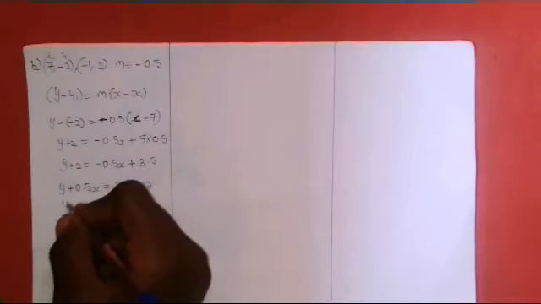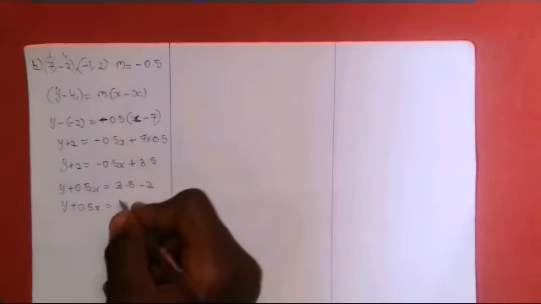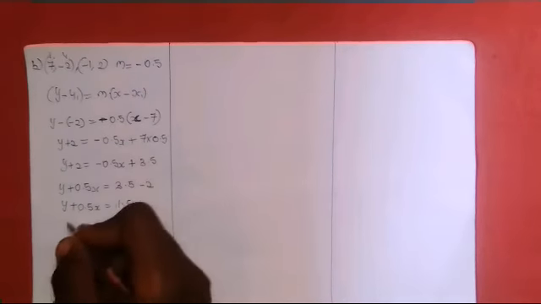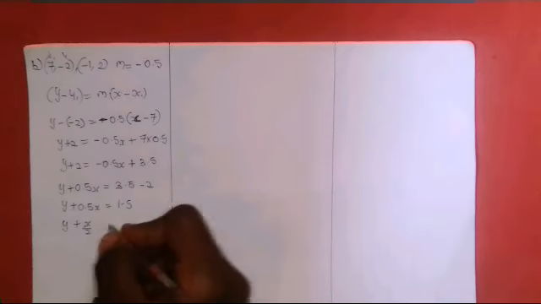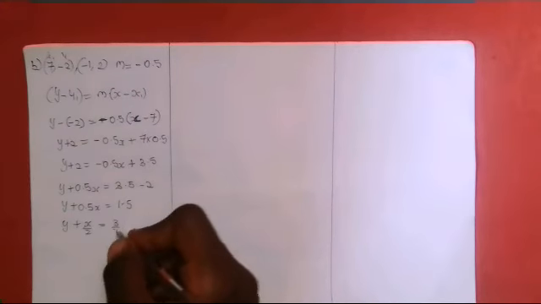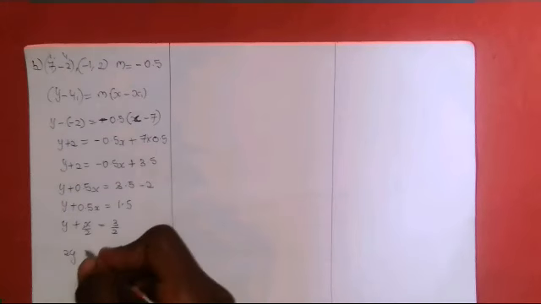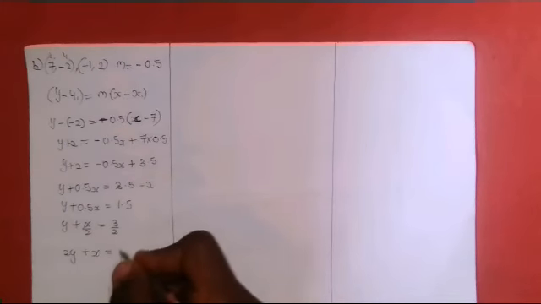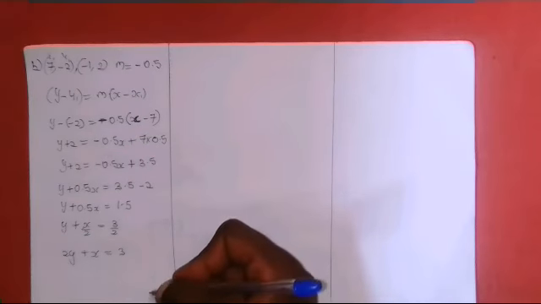The final equation gives us y plus 0.5x is equal to 1.5. If you open the bracket, it becomes y plus x over 2 is equal to 3 over 2. If you multiply all through by 2, you get 2y plus x is equal to 3. This actually gives us the final answer for the equation of the straight line of the second question.